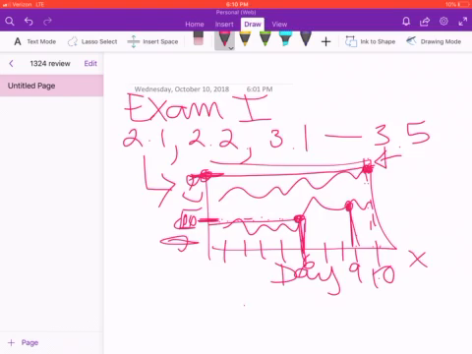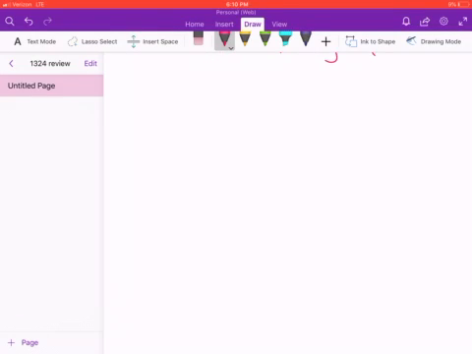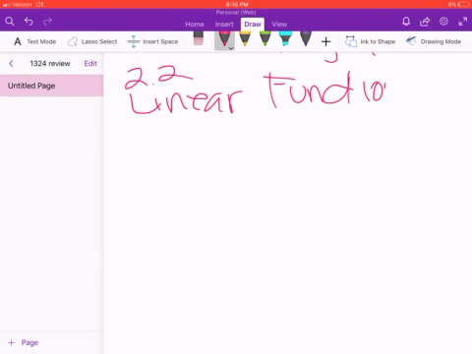Now, we do have another one, and this is from section 2.2. It will require you to work with linear functions. And so for this one, I'm actually giving you a linear function, and let's say it's in standard form.